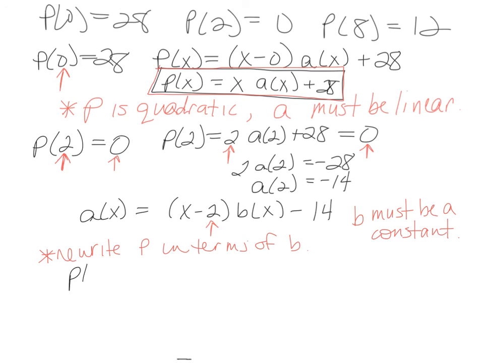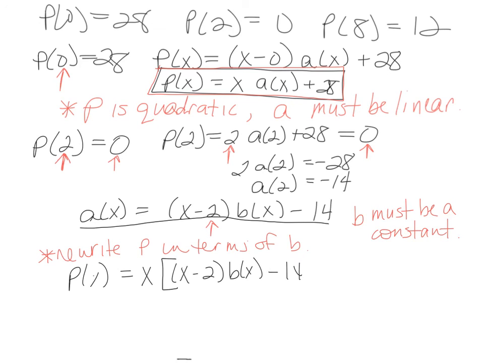So I have P of x equals x, and then instead of a of x, we just wrote this equation. Instead of ax, we're going to write x minus 2, b of x minus 14 in brackets plus 28. That should be an x.